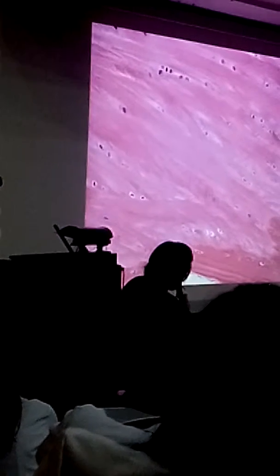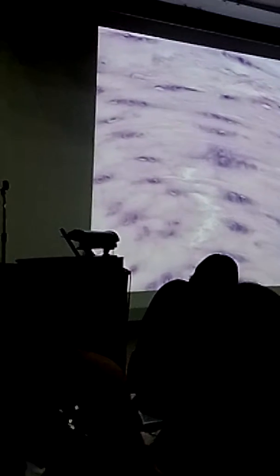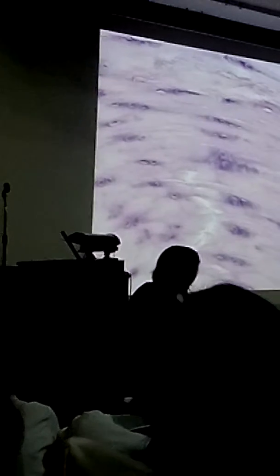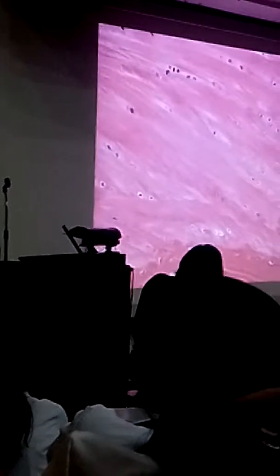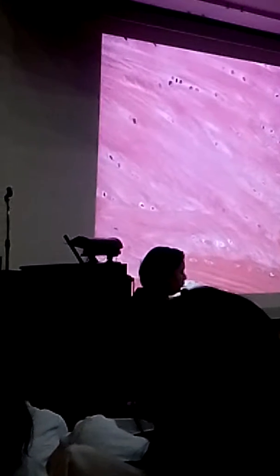Fibroblasts, because you have the fibers. It's not much appreciated here, but you can see here it's flattened rows. That's what we saw. So you'd have the fibroblasts aside from the chondrocytes, and you'd see there are more fibers surrounding the chondrocytes.